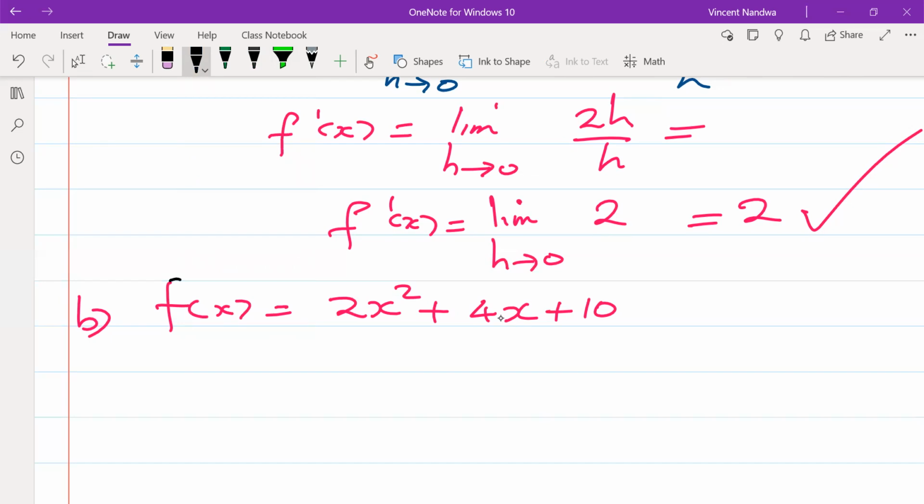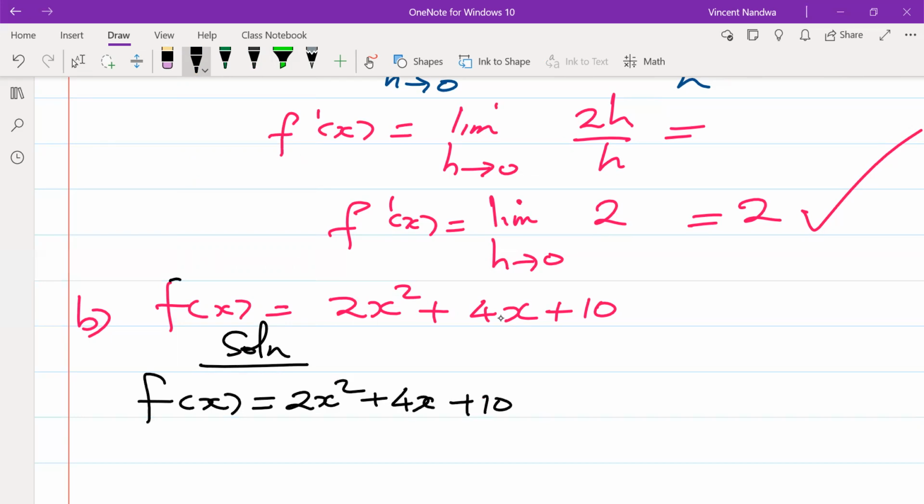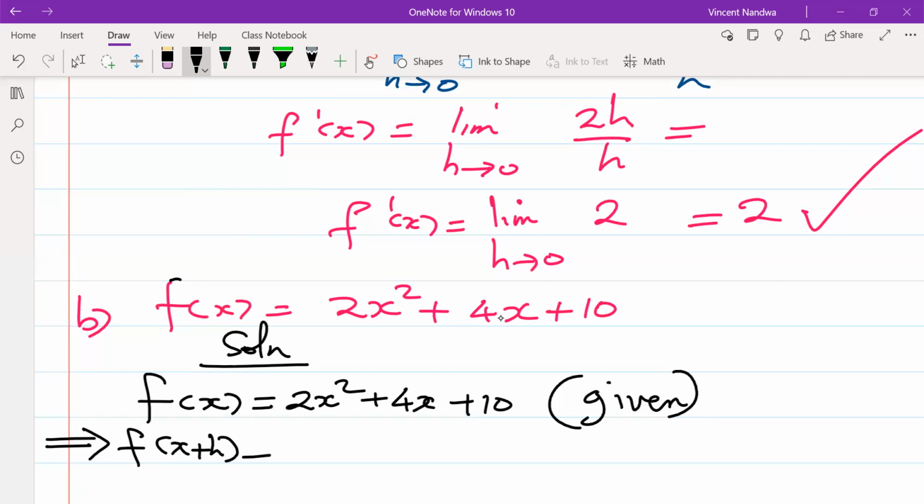Good. So solution, the first thing you say is that f of x is given by 2x squared plus 4x plus 10. The function is already given in the question. Then from that, define f of x plus h.